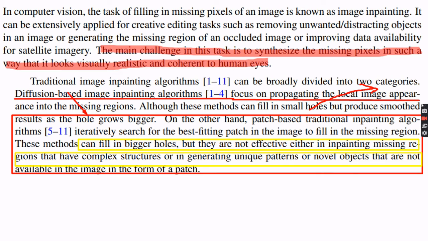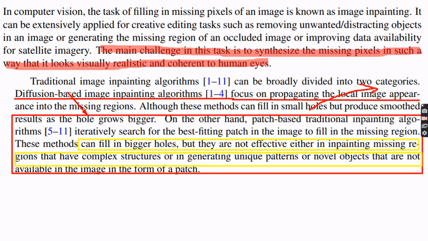The traditional image inpainting methods are categorized as diffusion-based image inpainting algorithms, focusing on propagation of image appearance only. Although these methods fill in small holes and produce smoothened results, probably Gaussian filters do the same job.